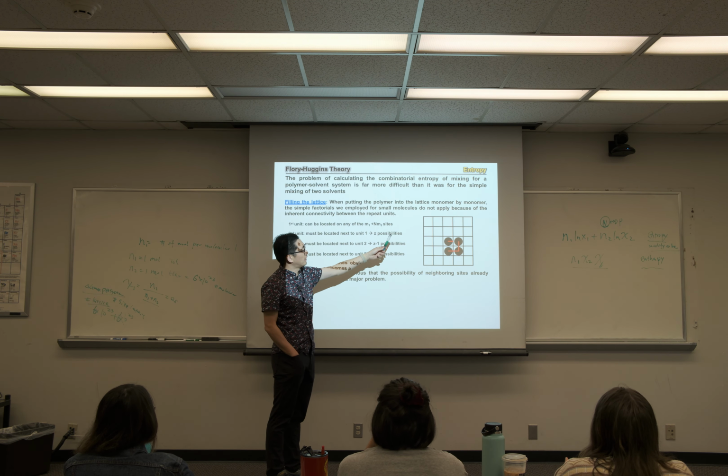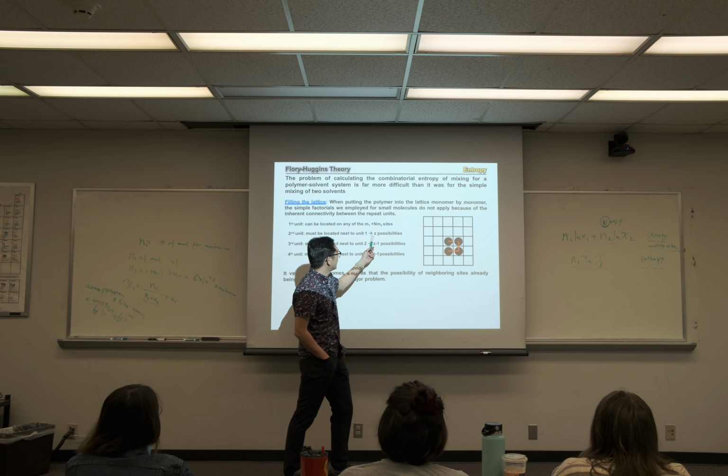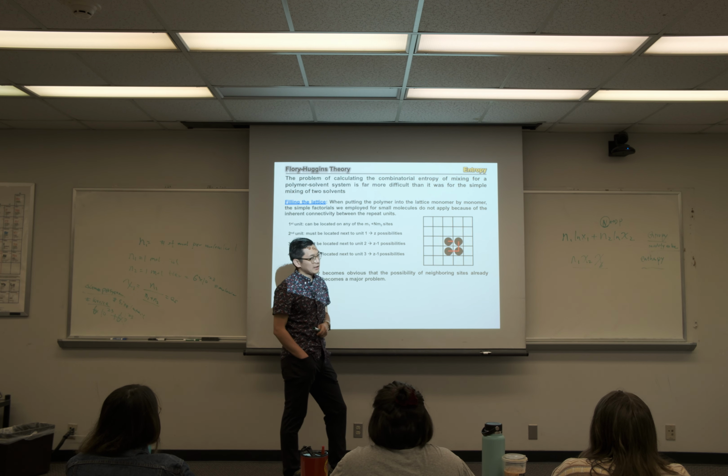But the second unit of the polymer must be located next to it, right? So that's what defines how many possibilities there are. And what this Z means is just the nearest neighbors. In this case, Z would be equal to 4 if we have this particular planar 2D lattice.